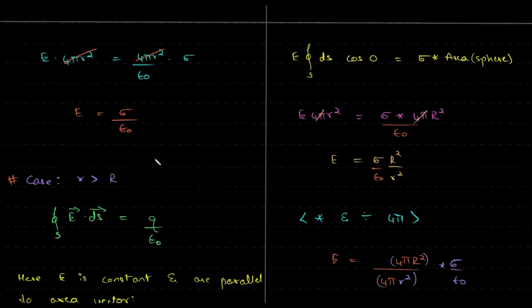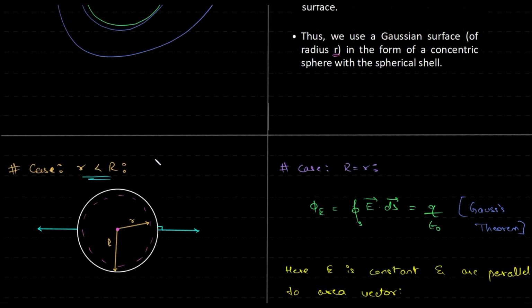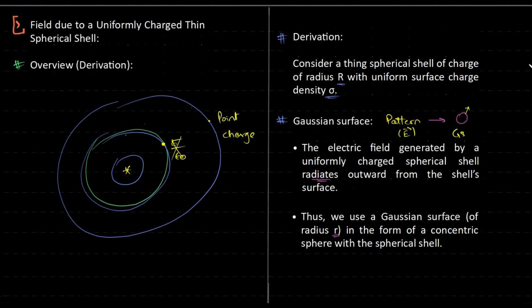Greater than r, we get a point charge expression. That's it. Easy to remember if you know the derivation. Okay, guys. Looks like a point charge. That is better if I stand over here. Here, this is correct. Here it is equal to 0 newton per coulomb.